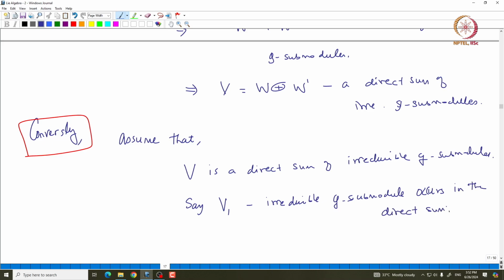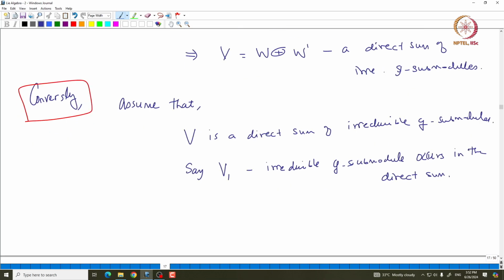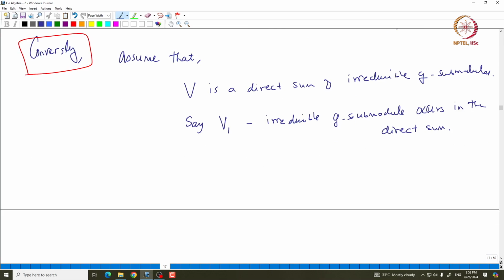Okay. So, we are fixing the direct sum and then simply taking one irreducible G module there, and then we can collect the rest of them and make another direct sum. So, V2 will be the direct sum of the rest of the irreducible submodules that occur in that direct sum.